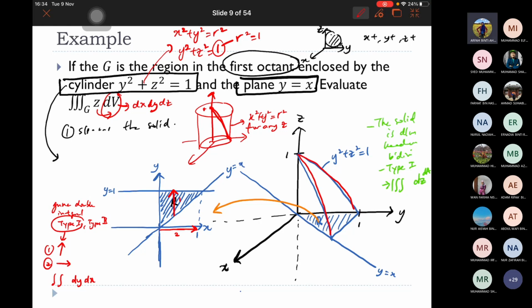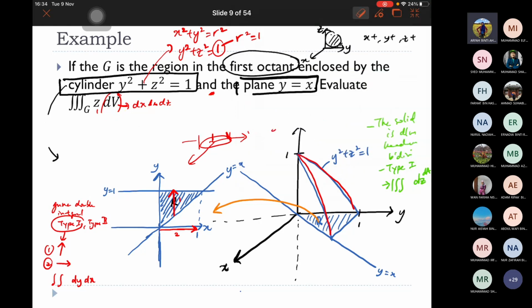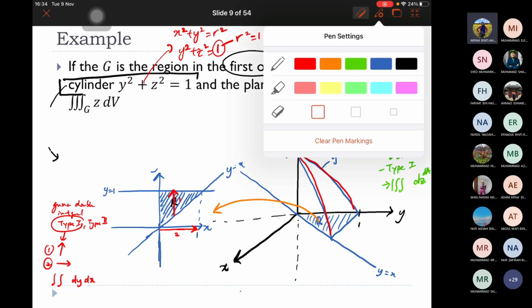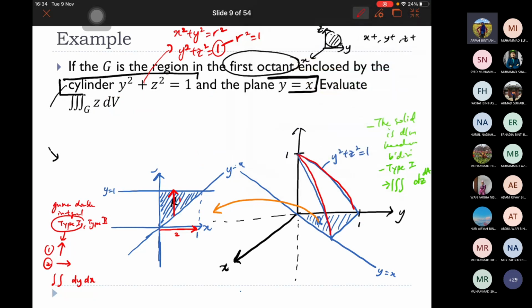So daripada sini kita nak tentukan untuk type 1 tadi kita dah dapat. So Z punya boundary in this case, boundary untuk Z kalau awak tengok dia akan daripada bawah ke atas ni. So daripada Z sama dengan kosong sampai menyentuh garisan Z sama dengan punca kuasa 2 bagi 1 tolak Y kuasa 2.